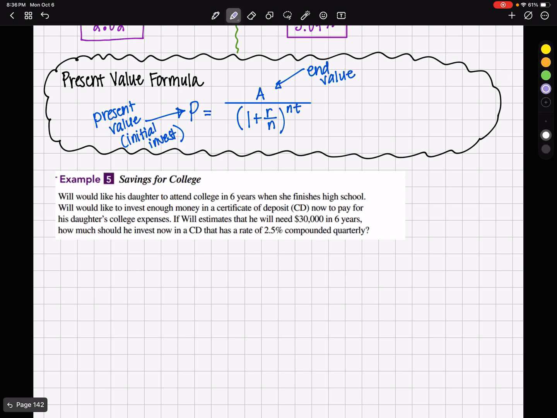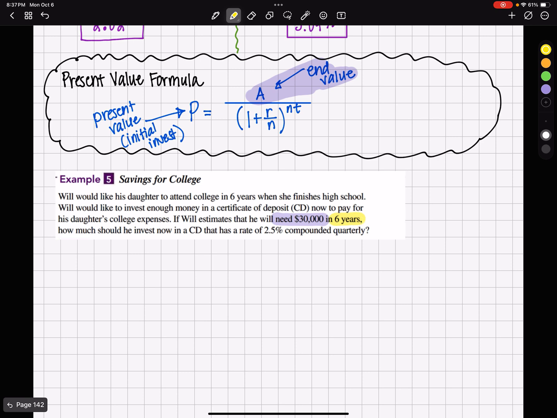So I'm going to highlight all of the important information. He's going to need $30,000. So he wants to end up with $30,000. So whatever you need or whatever you want to end up with, that's going to be the value that goes in your numerator.